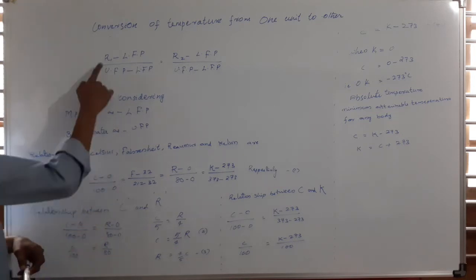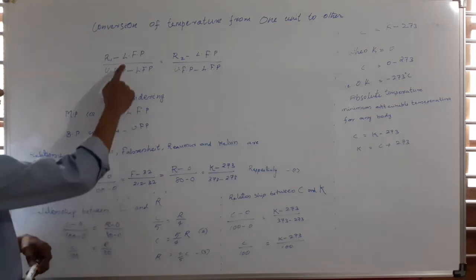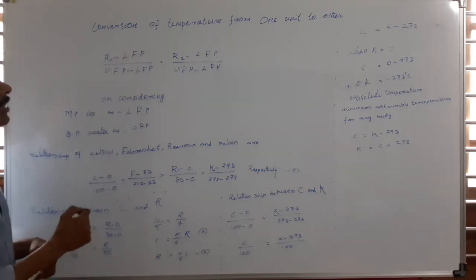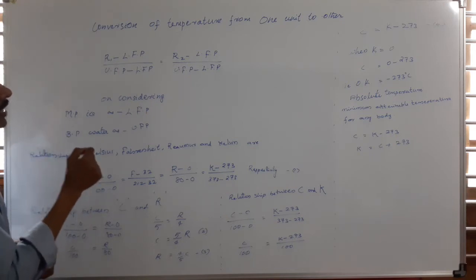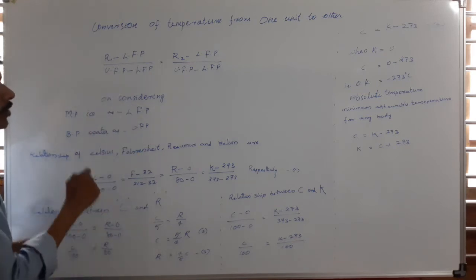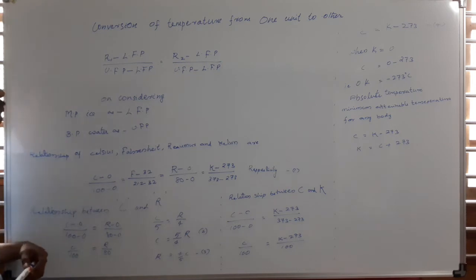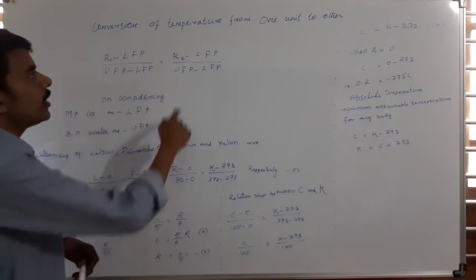Here R1 is the reading of the first scale, and LFP, the lower fixed point, is the reading denoted in that particular scale itself. UFP is the upper limit of that particular scale. Again, LFP is the lower limit of that particular scale. Lower fixed point or lower limit, you can say.